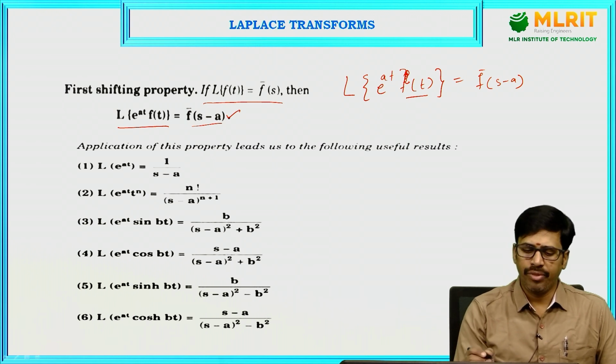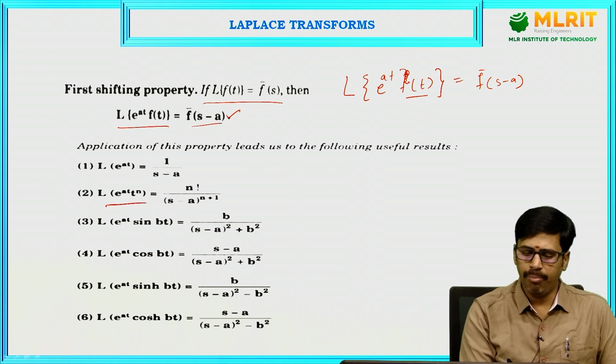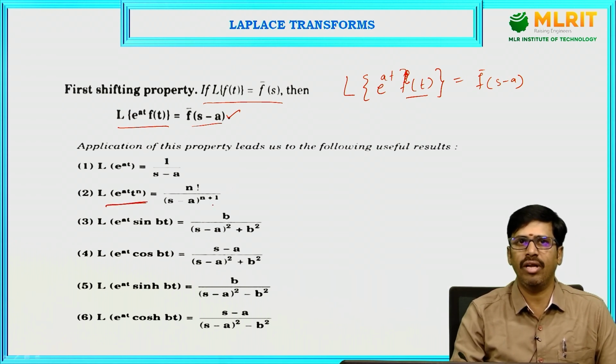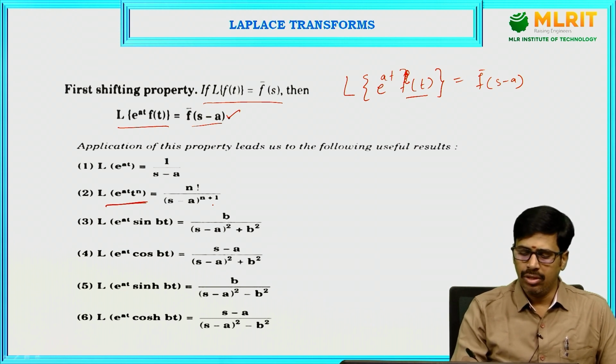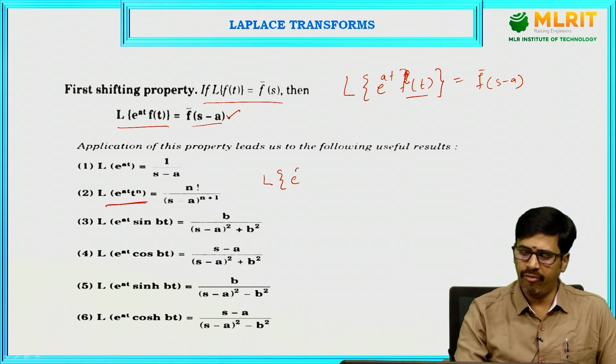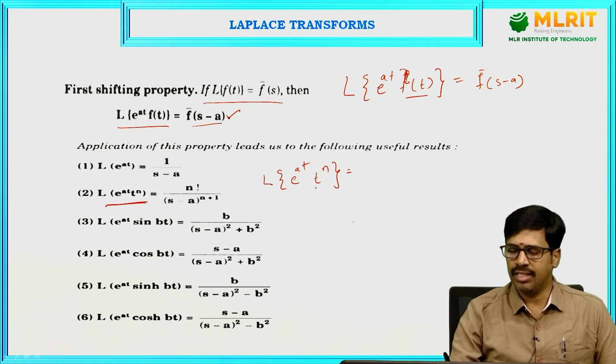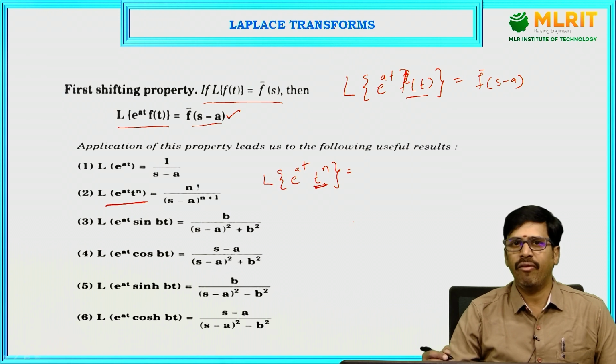Let us see. Laplace transform of e^(at) into t^n is n factorial by (s minus a) whole power n plus 1. If you want to find Laplace transform of e^(at) into t^n, other than e^(at), first consider this function t^n. What is Laplace transform of t^n?